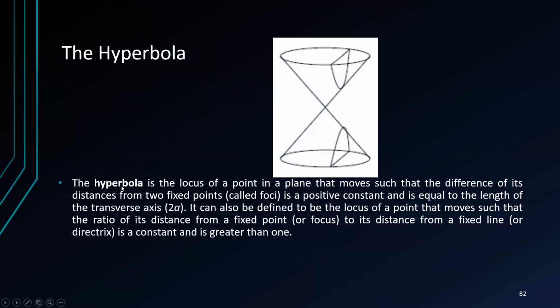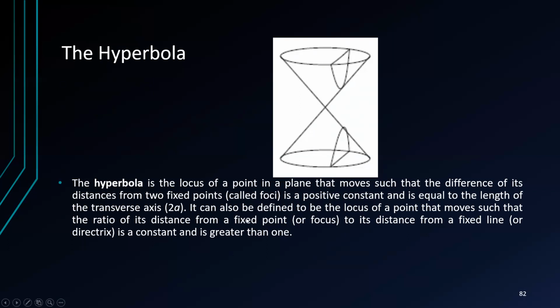Next, the hyperbola. The hyperbola is the locus of a point in a plane that moves such that the difference of its distances from two fixed points called foci is a positive constant and is equal to the length of the transverse axis, 2a.